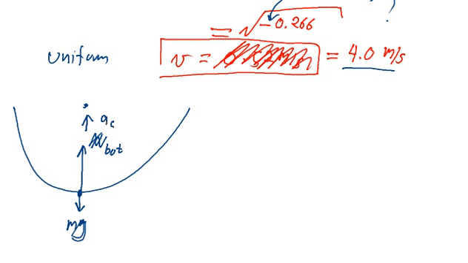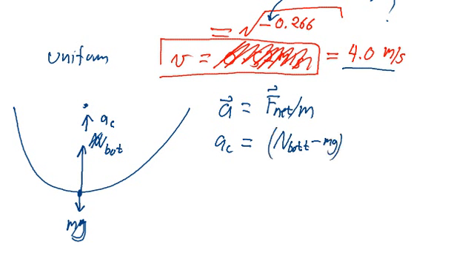Alright, so again, I can apply Newton's second law just like I did at the top. I would say that a equals the net force divided by the mass. I'll apply this to the person at the bottom of the orbit. So I'll have a sub c is now going to equal N bottom minus mg divided by the mass.